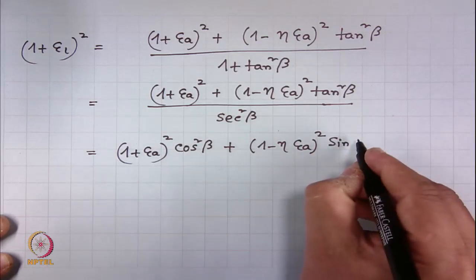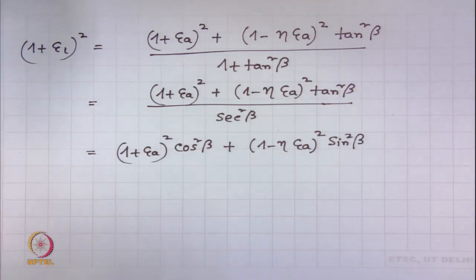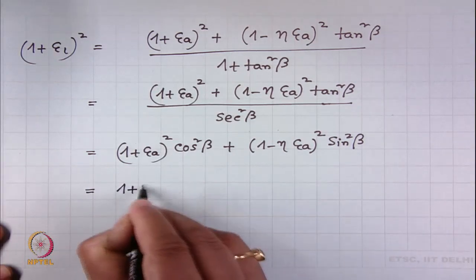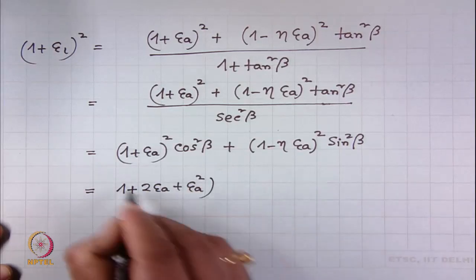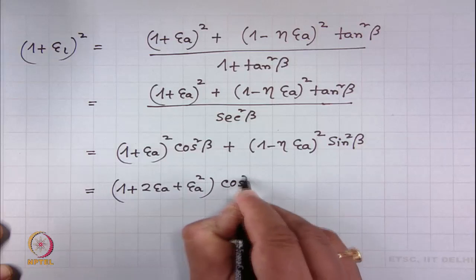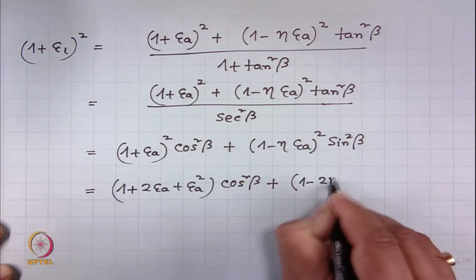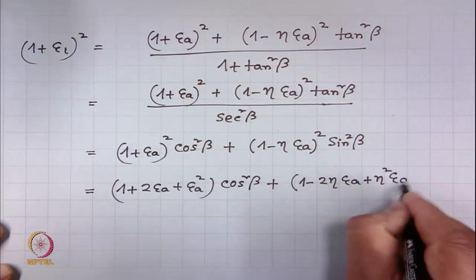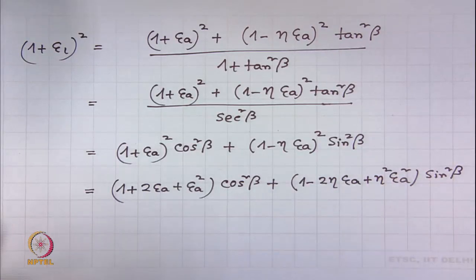Tan square beta into cos square beta is sin square beta. Right. Now, we expand it: 1 plus 2 epsilon a plus epsilon a square cos square beta, plus 1 minus 2 eta epsilon a plus eta square epsilon a square sin square beta.